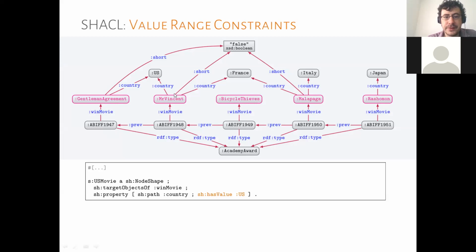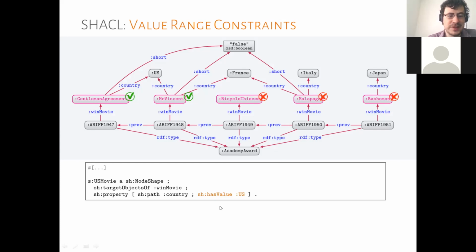So how does this work for value constraints? Here, we're targeting movies and saying that all the movies must be from the US. In this case, this will look okay because it has the value US. Mr. Vincent is correct. This one, not so. Malaga is not from the US, and Rashomon is not from the US.